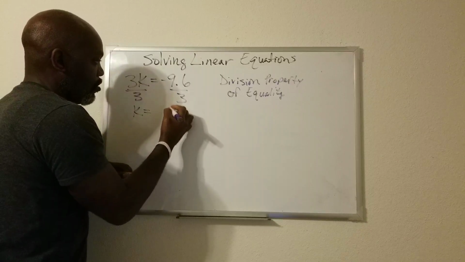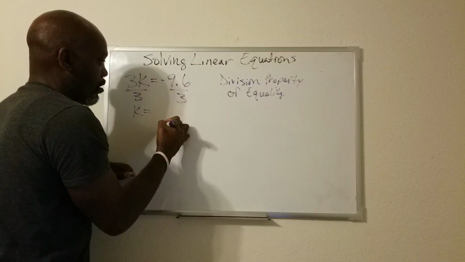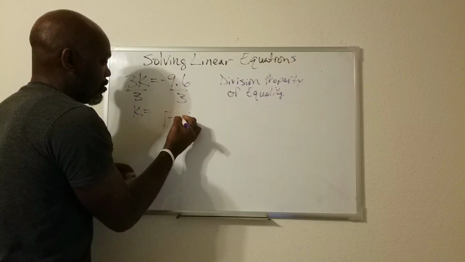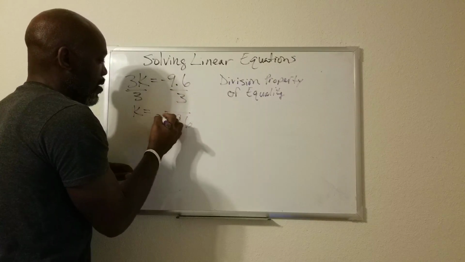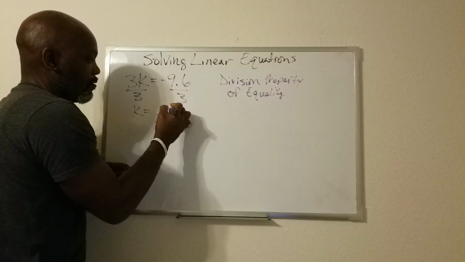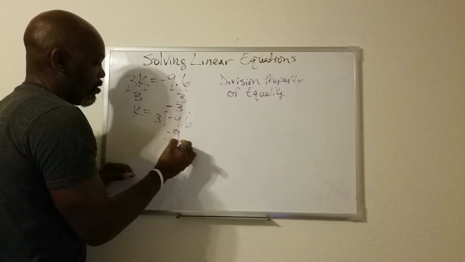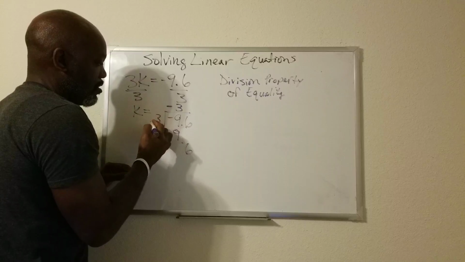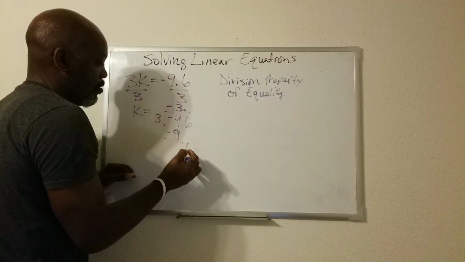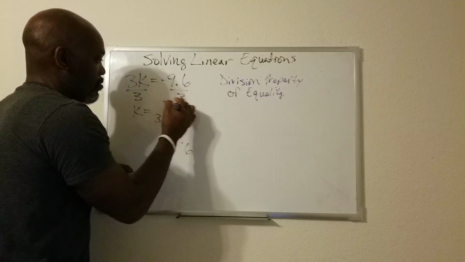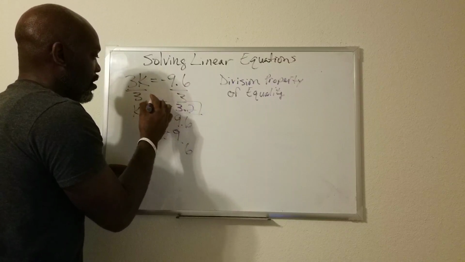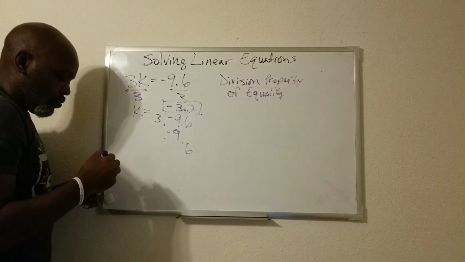If we don't know that, you put that in your calculator, but let's see, top in, bottom out, 3 goes into negative 9, negative 3 times, negative 9, you're left with 6, and 3 goes into 6 2 times. So my answer would be k equals negative 3.2.